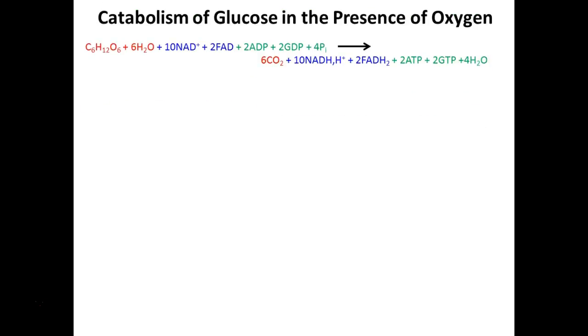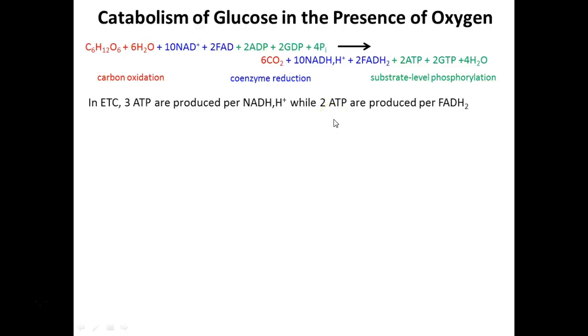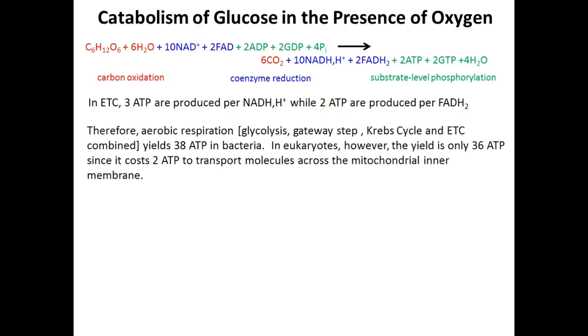Okay, so this is the overall formula, right? So we can take carbon like glucose and we can break it down, right? We can remove electrons and we can produce energy right at the substrate level, but most of it is in those electron carriers, right? And those have got to go to the electron transport chain. So remember I said we pump 2 hydrogen ions across for FADH and 3 for NADH.